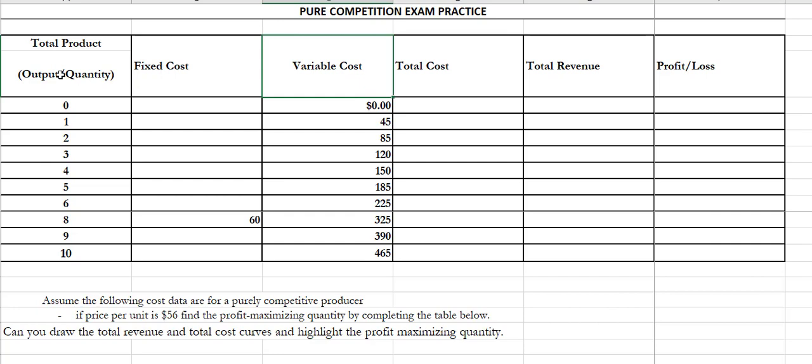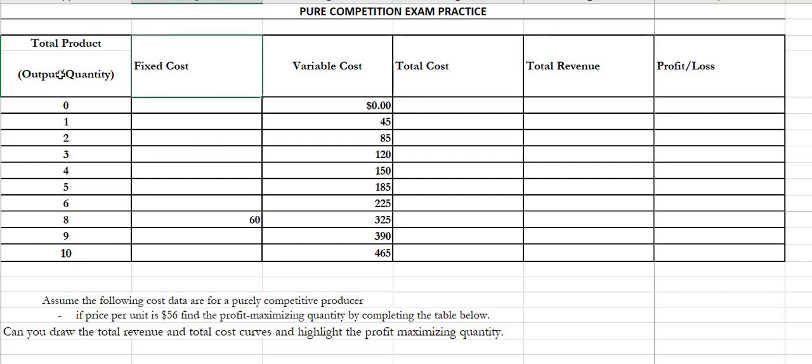Then we have variable costs. These are costs that change directly with output. Then we have total costs. Then we have total revenue. That's how much the firm will earn from selling the good. And then we have our concept of profits or losses. So let's jump right in.